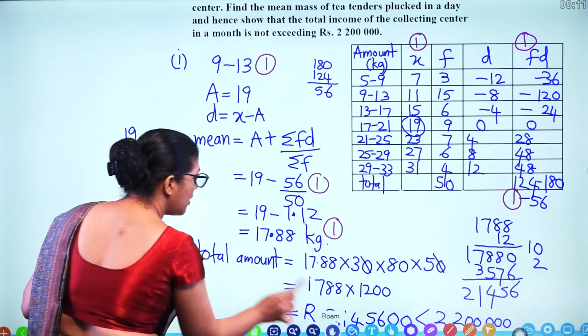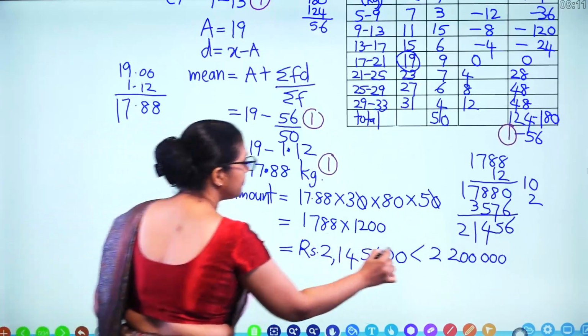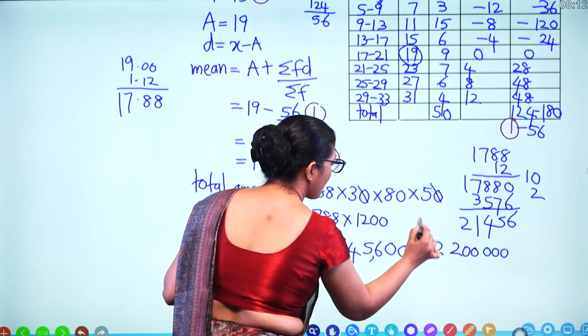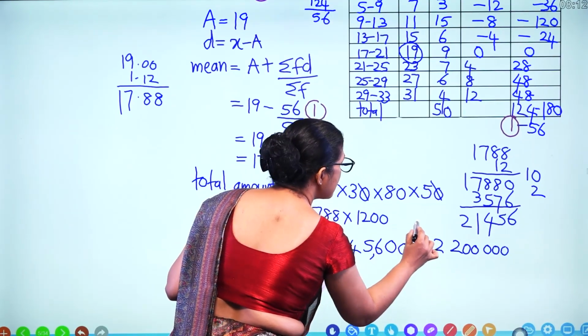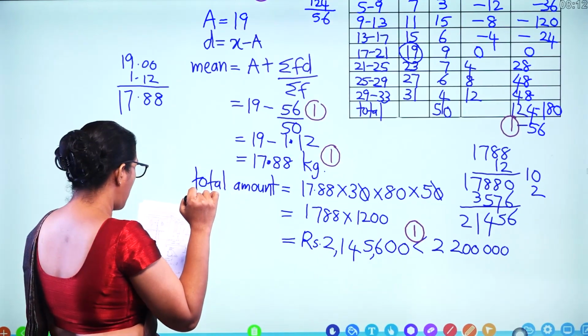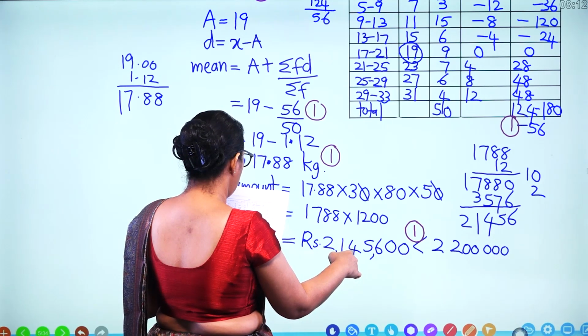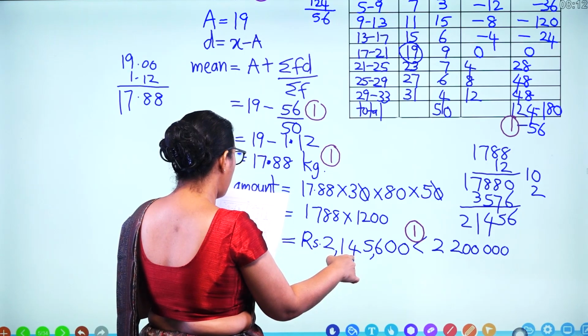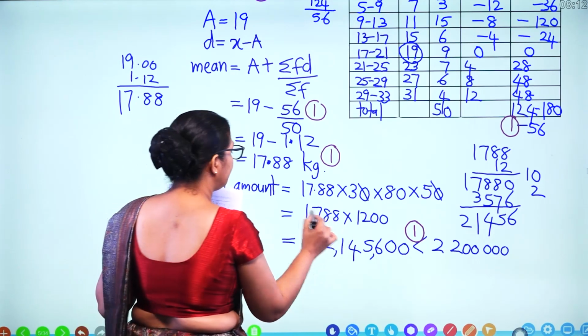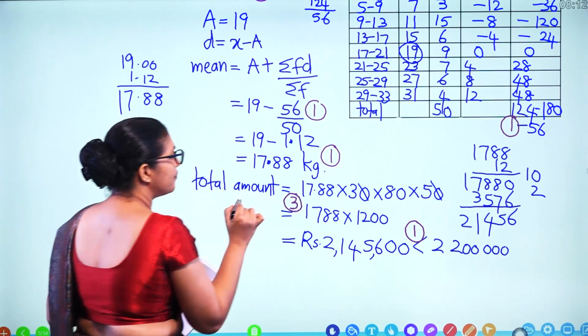This one, you get 1 mark. We'll write down, not exceeding. So this is 1 mark, and for the calculation, this one, you get 3 marks. So 4 marks.